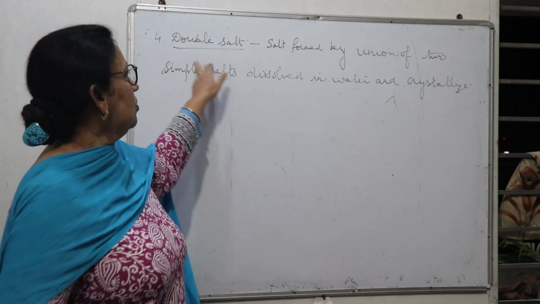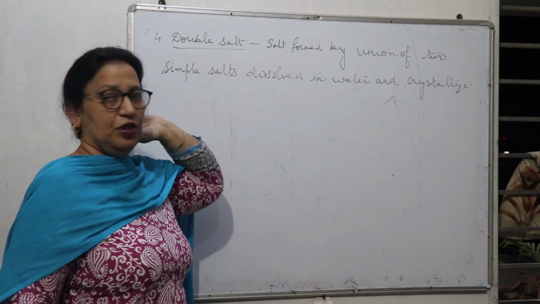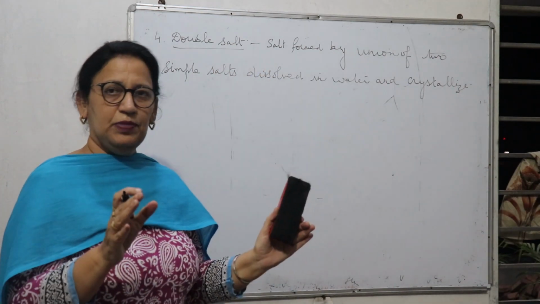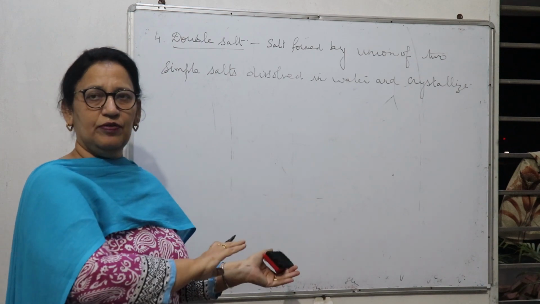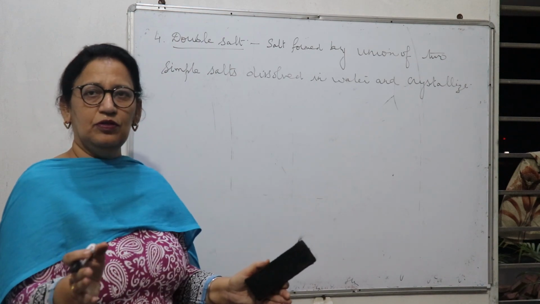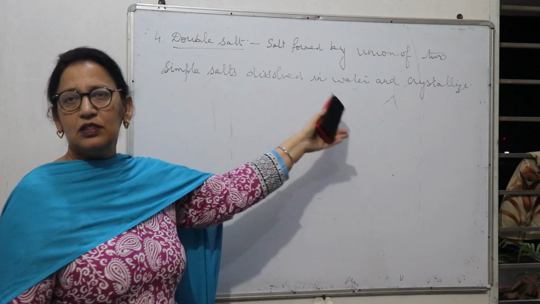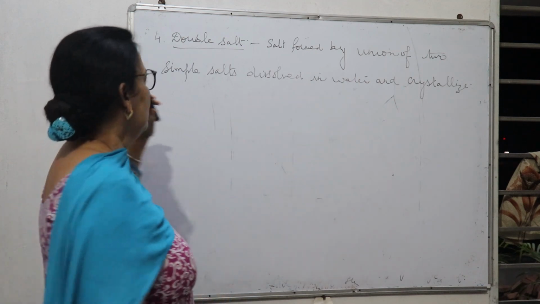So how is a double salt formed? The two simple salts are separately dissolved in water, then the two solutions are mixed and the crystals form. Those crystals are the double salt.